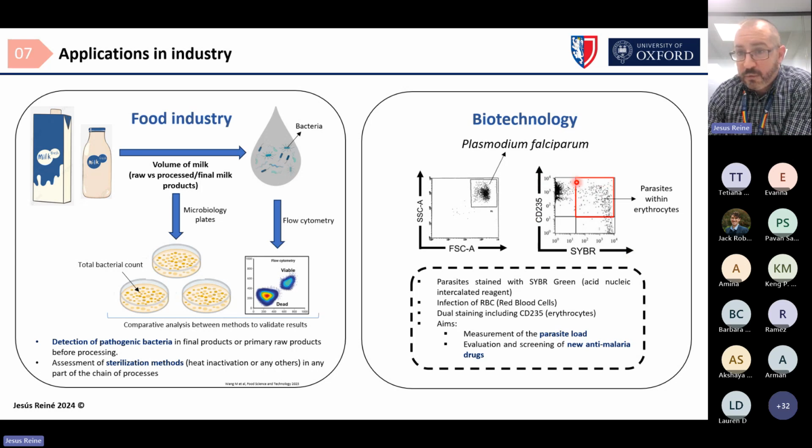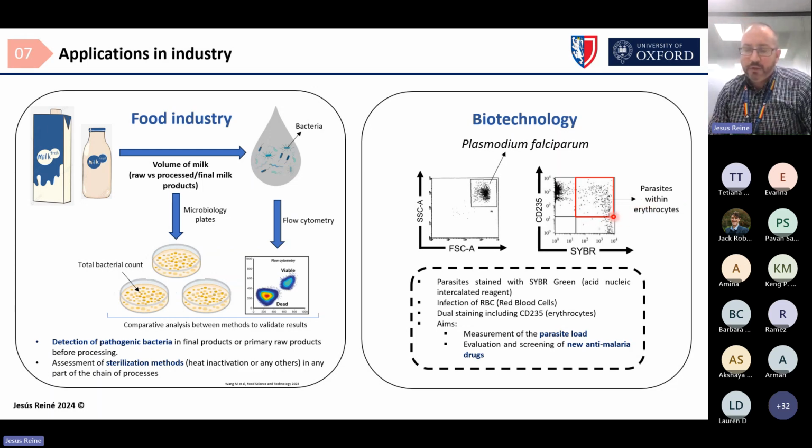In this red square, we see what is double positive for both, because in this representation, called a dot plot, we have 4 quadrants. Here is for the cells which are negative for both markers. Here, the cells which are only positive for CD235, so that will be the red blood cells without the parasite. Here we have only the parasite, which is SYBR Green positive, but not inside the erythrocytes. And this one in the red is the parasites which are inside of the erythrocytes.